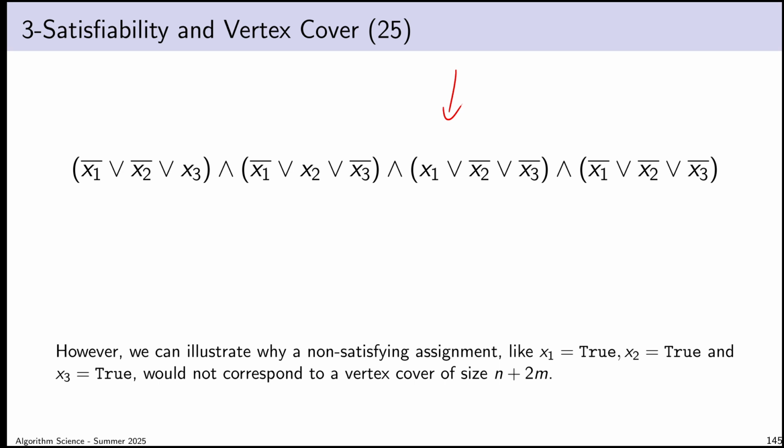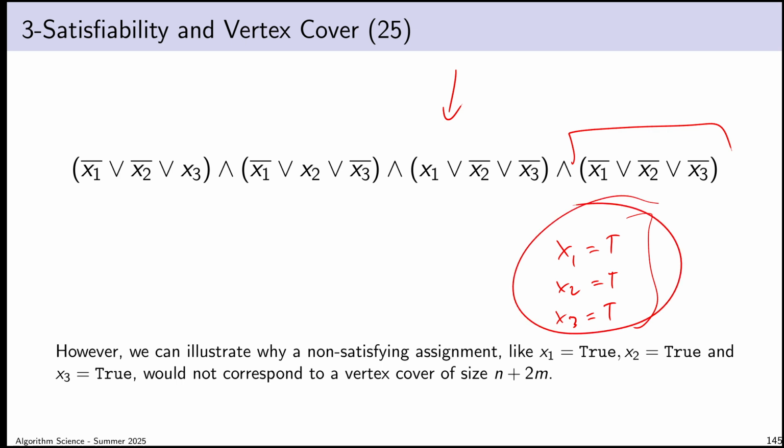But consider this assignment: x1 is true, x2 is true, and x3 is true. It turns out that this is not a satisfying assignment. And the short answer for why is, look at this clause here. This clause requires at least one of x1, x2, and x3 to be false, and they're all true. So this assignment is not a satisfying assignment.